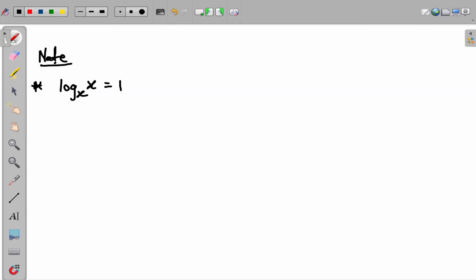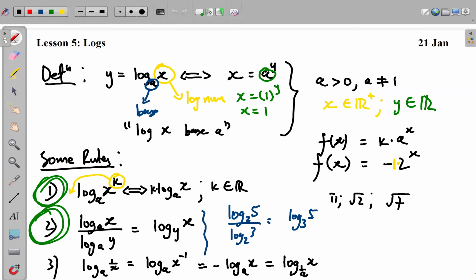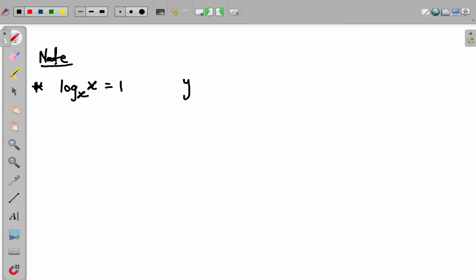And maybe we should explain this in the context of the definition. Remember, our definition says y is equal to log x base a if and only if x is equal to a to the y. Remember, that's what it says.